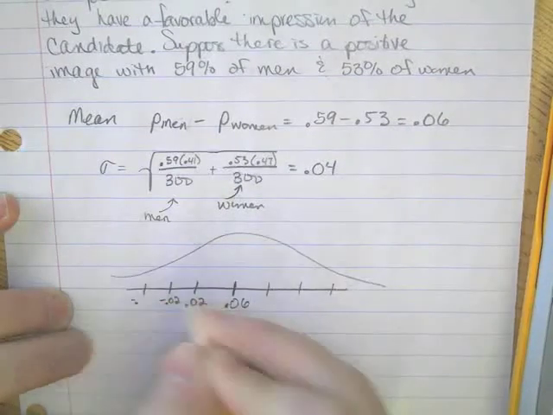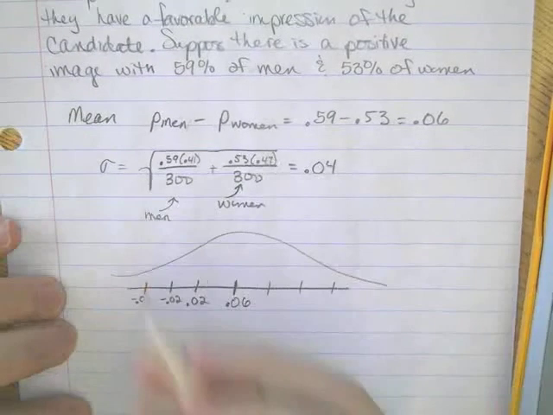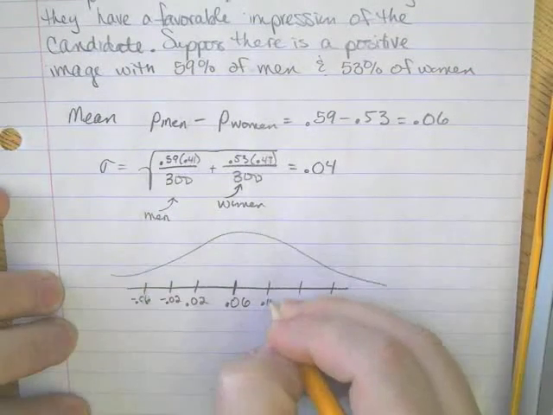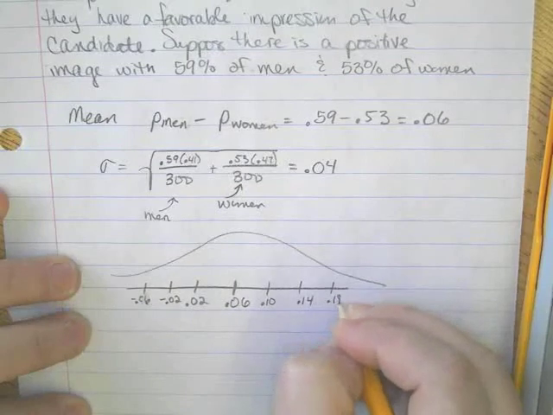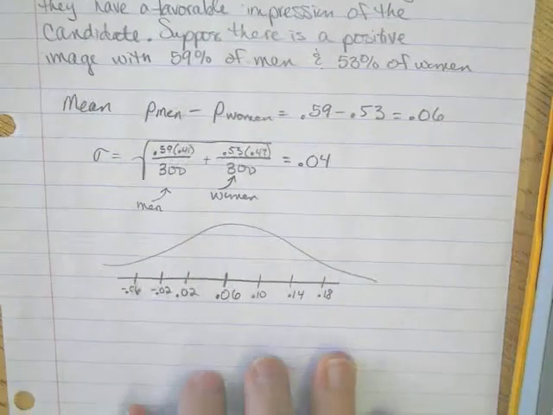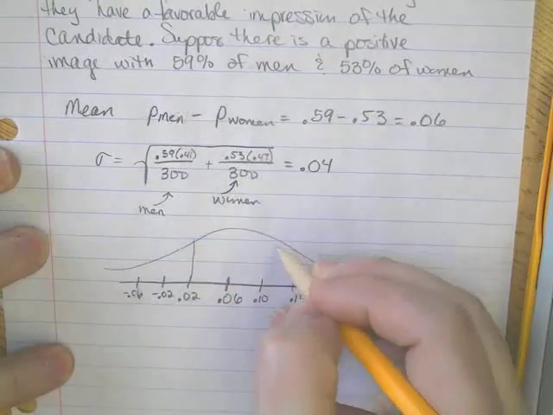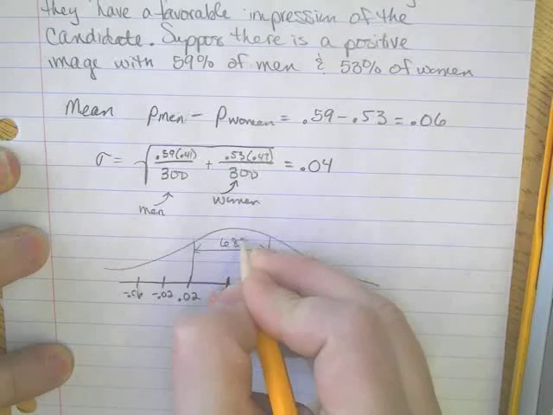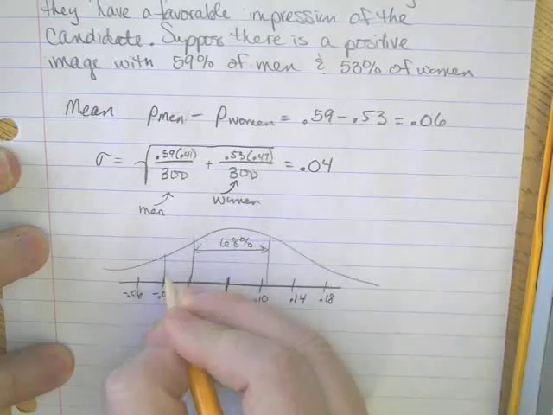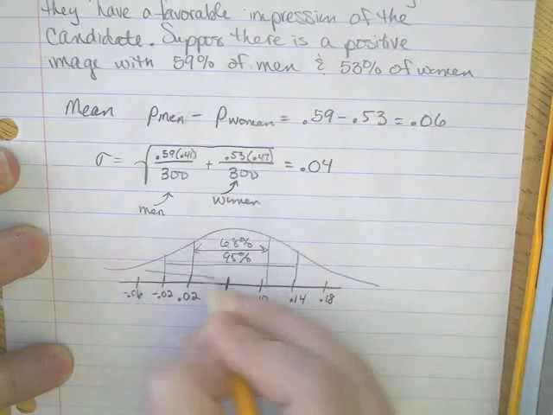We can have that. Oops, not 8, but 6. I'm kind of rushed. Now, the standard information is that 68% is between here, 95%, and then 97%.